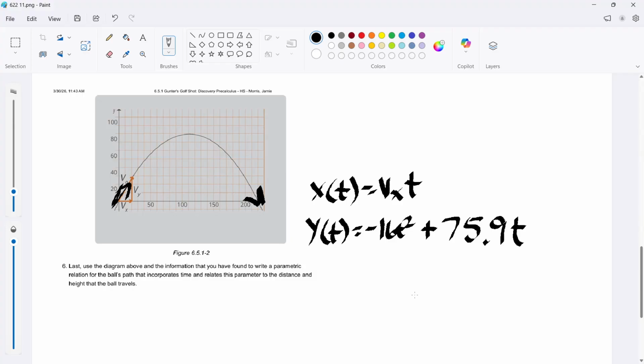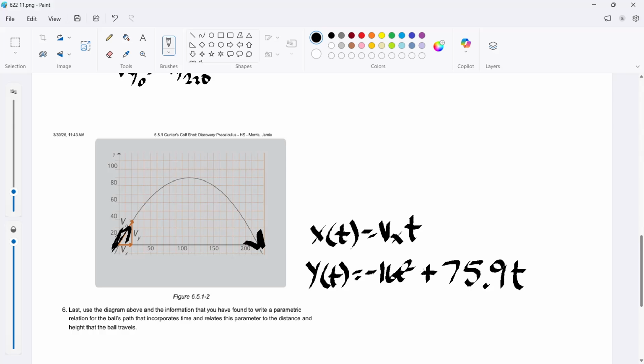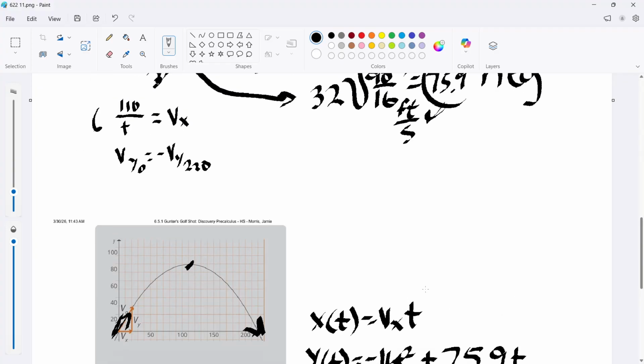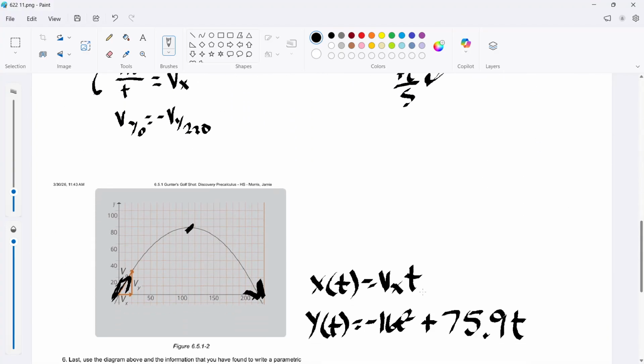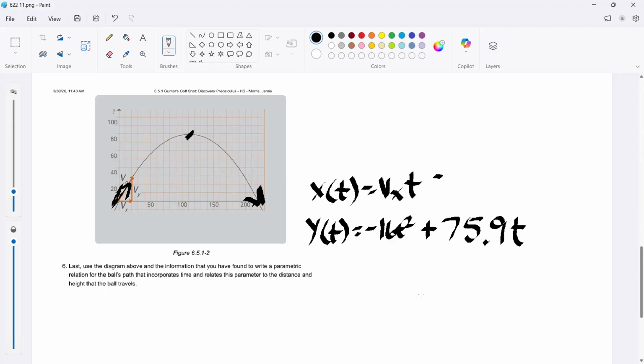And now I have to find what the velocity with respect to x is. Well, I know it went from 110 to 220 in the square root of 90 over 16 seconds. So 110 to 220 is a distance of 110. Remember, distance is rate times time, so rate is distance over time. The distance is 110.